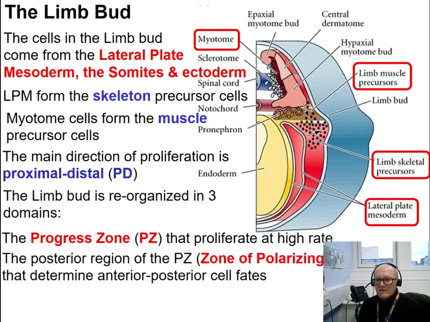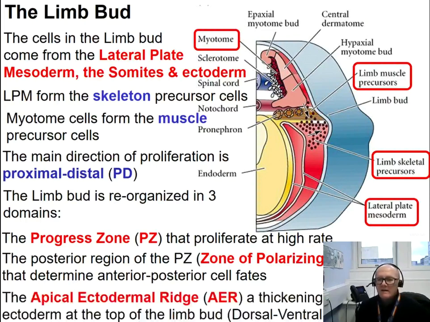A posterior region of the progress zone is the zone of polarizing activity, or ZPA, and this is important for the determination of the anterior-posterior axis, so it gives structure to the limb in terms of the anterior-posterior axis. And then externally, there is the apical ectodermal ridge, which is a thickening of the external ectoderm above the region where the limb is growing.